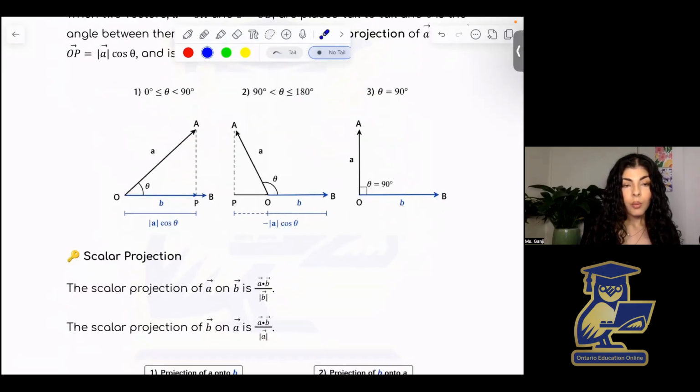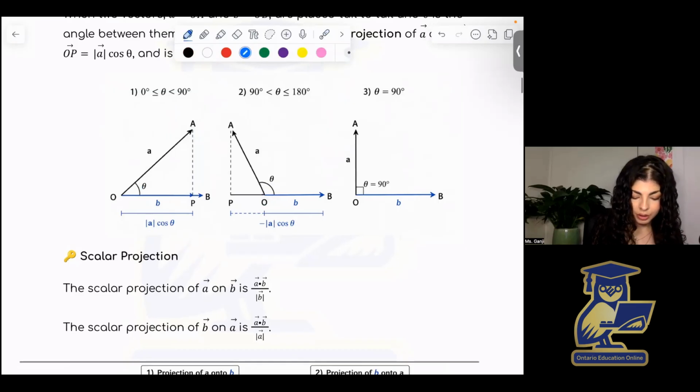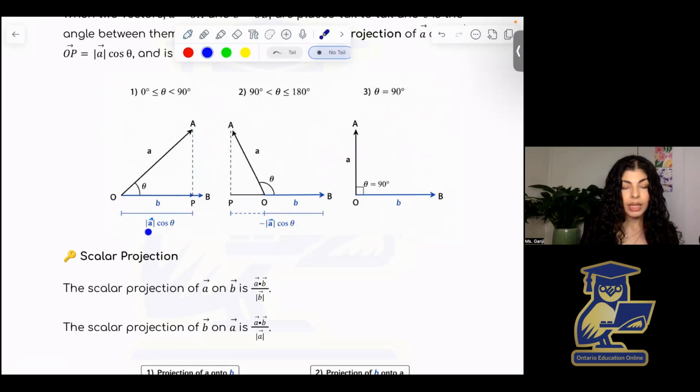What this means is that when we are projecting vector A onto vector B, we draw the perpendicular line from the endpoint A onto vector OB. And where we land, that magnitude there is the scalar projection of vector A onto vector B, and it has magnitude A times cosine of theta, where theta again is the angle between them.